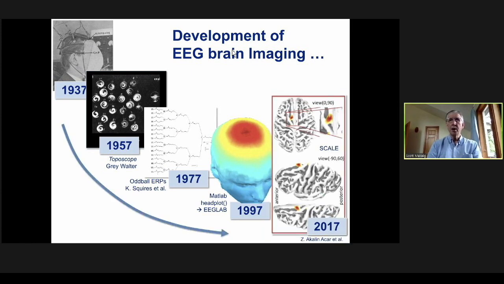And currently, this is work with Zeynep Akalin Acar. We're looking at high-resolution source imaging of EEG. And then from there on to network interactions at high speed, which I think is the current frontier of cognitive neuroscience.